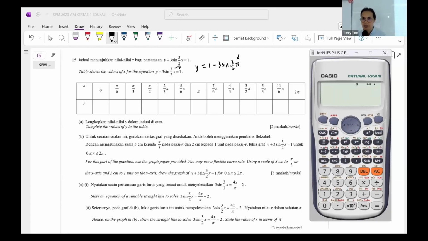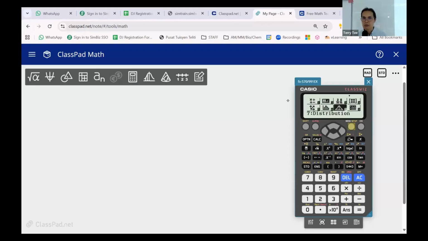Okay, if you're using this calculator, you just press menu. I hope you can see my calculator. Let me go to the normal mode first. You press shift menu, you go to number 2 for angle unit, choose 2 for radian. Now then you press menu, go to 9 to get a function, to use the table function.